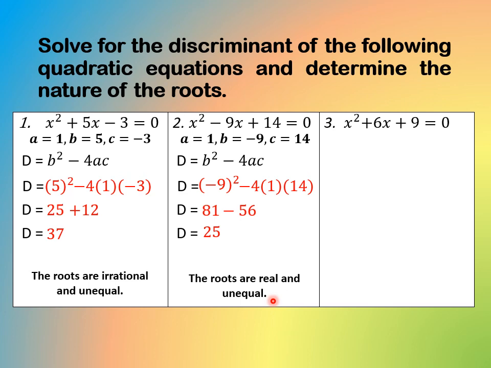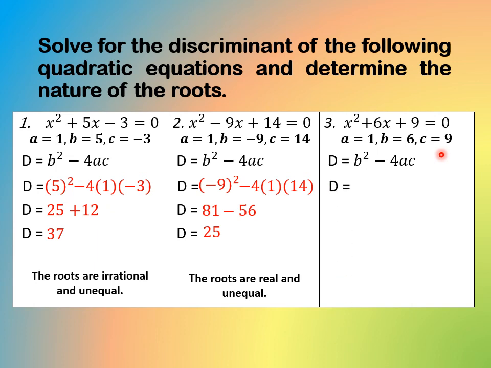Okay. Last one. We have x squared plus 6x plus 9 is equal to 0. Okay. Again, determine the values of a, b, and c. So, ang a natin is 1. Okay. Ang b ay 6. Ang c ay 9. Okay. So, substitute.